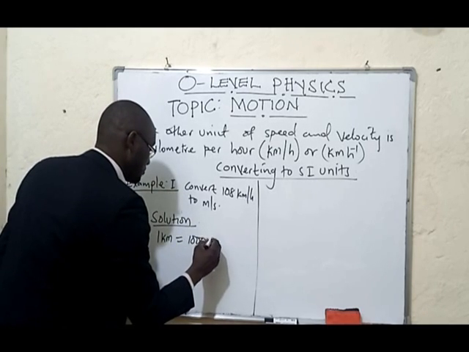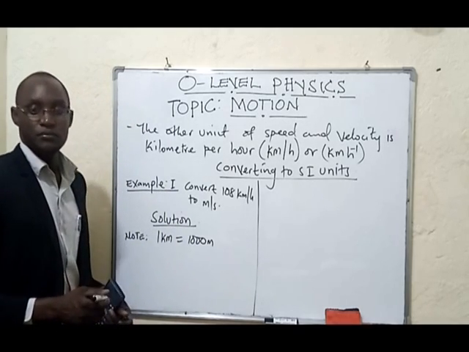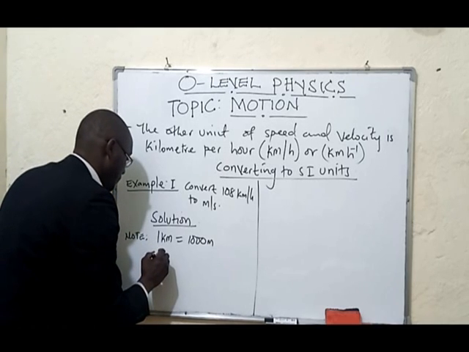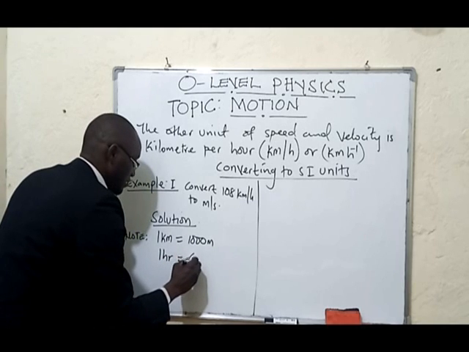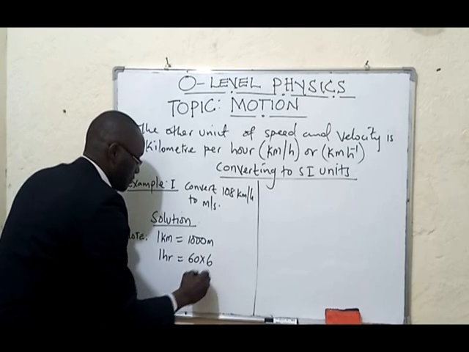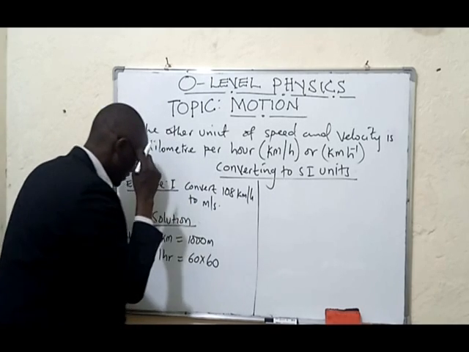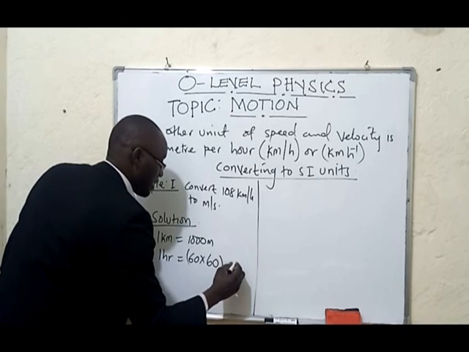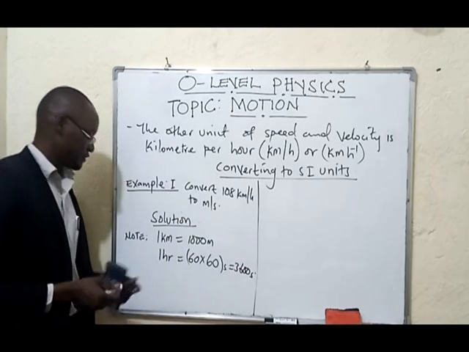Somebody has advised me. So, if that is very true, then we can go ahead. What about 1 hour? 1 hour is the same as 60 times 60 seconds. And this is the same as 3,600 seconds. This is very true.